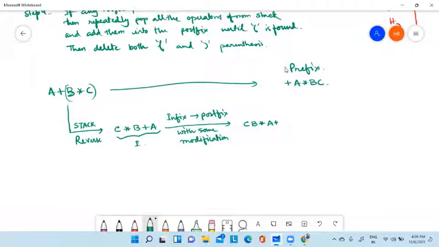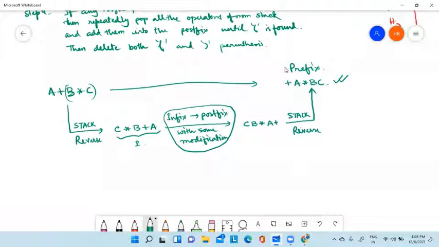Now again I will apply another stack to make it reverse. Then what will I get? I will get this prefix expression. So simple infix to postfix with some modification will give you the prefix.